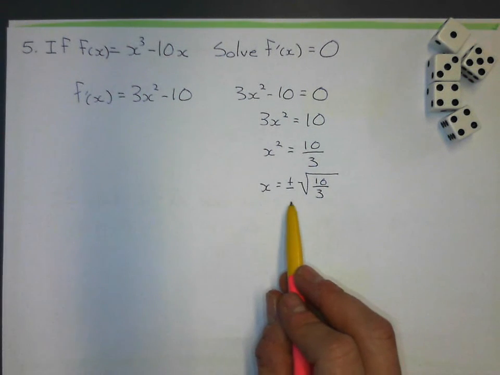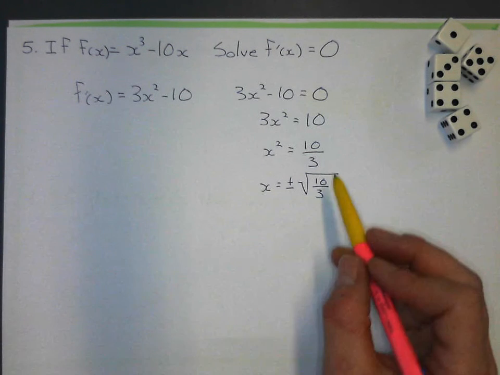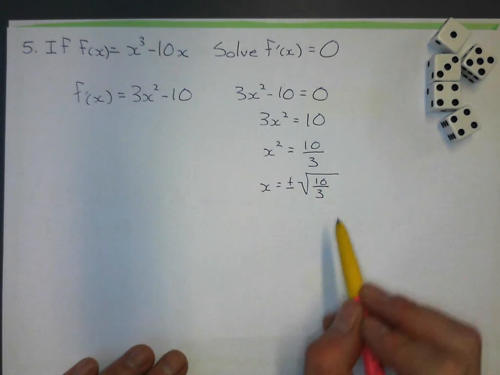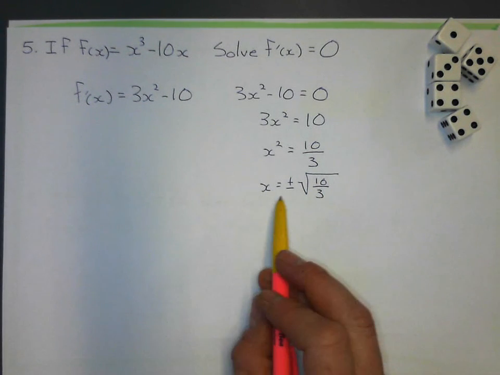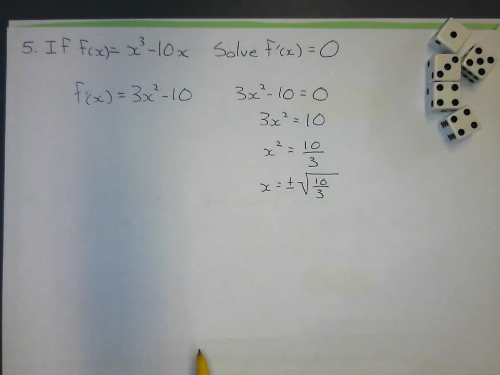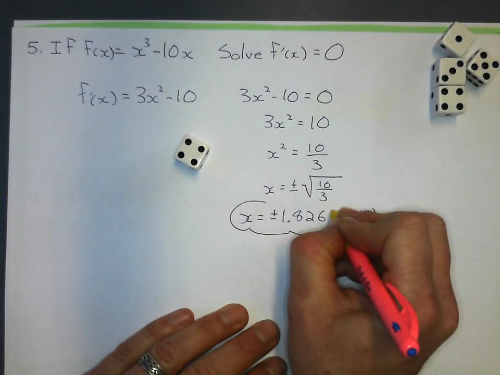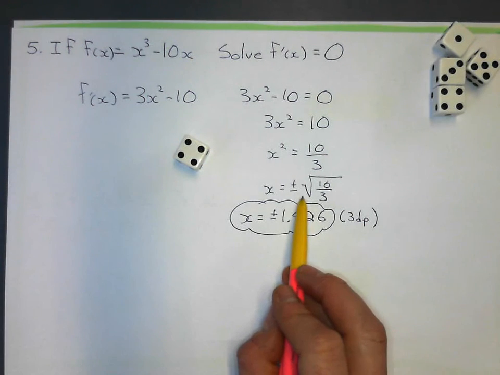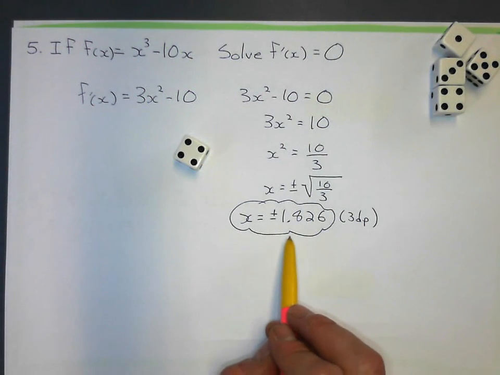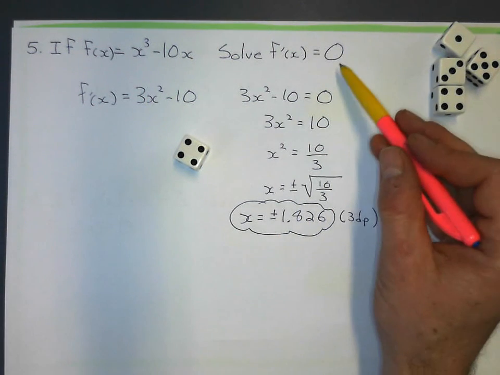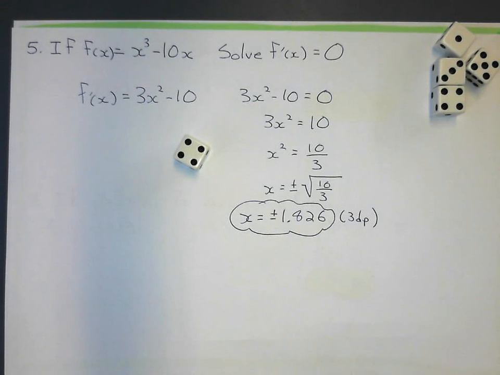If I want to decimalize that, I can get an approximation with the calculator and just write it as a positive and negative number. Okay, and I get my decimal approximation here. If I didn't want to write it like that, I get two different points where the gradient is equal to 0. And that's just some examples there.